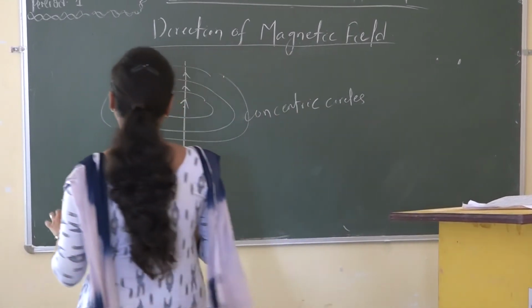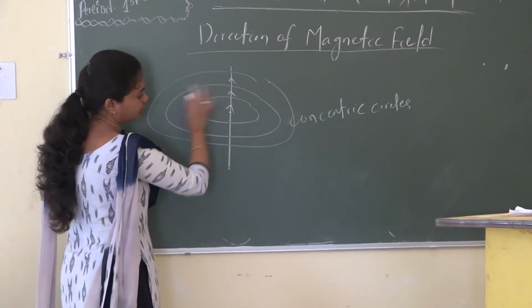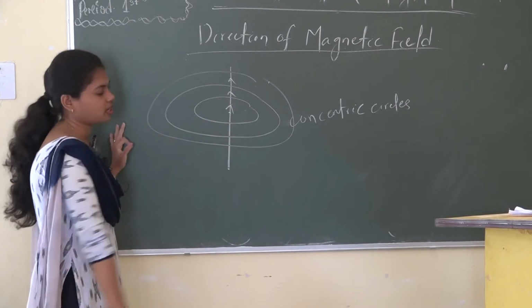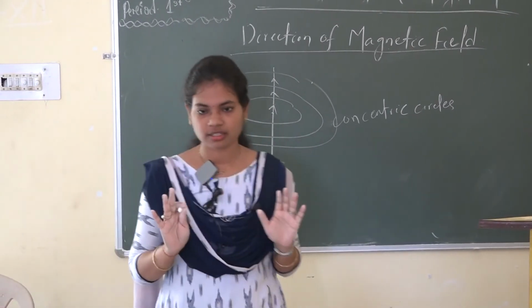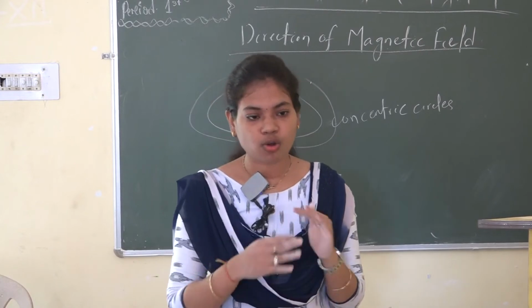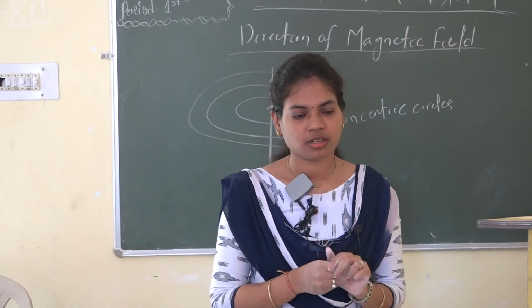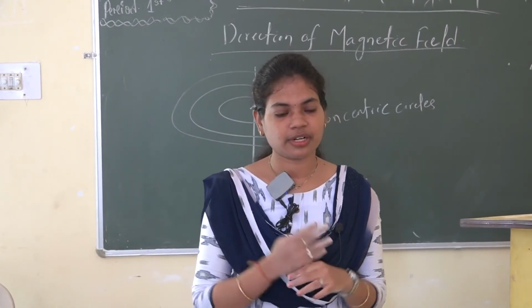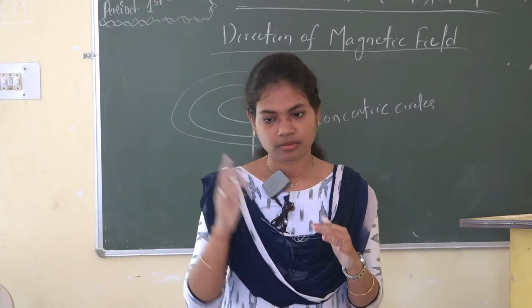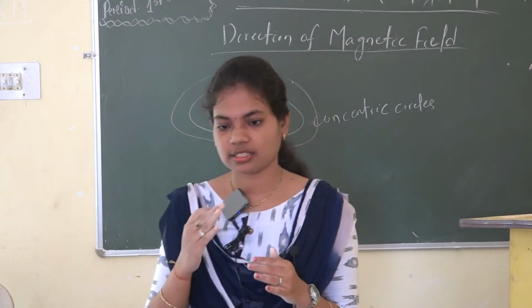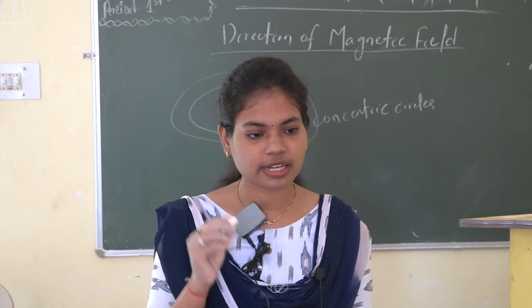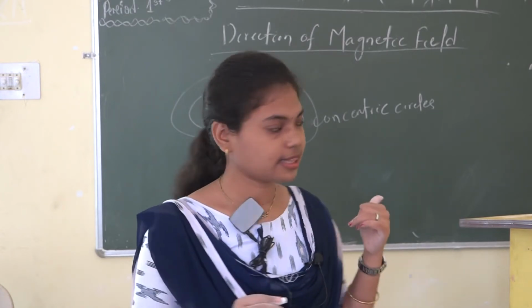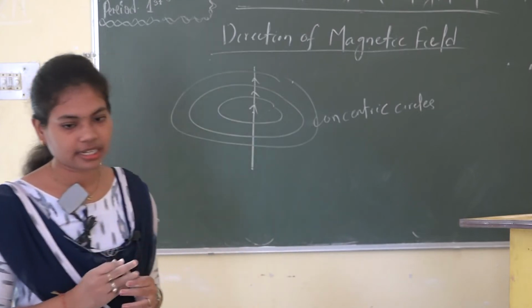In a straight wire carrying current, the magnetic field is in the form of concentric circles. But in a closed loop, what are the directions of magnetic field, inward or outward? For that we have to apply the right hand screw rule. In the straight wire case, we applied the right hand thumb rule.